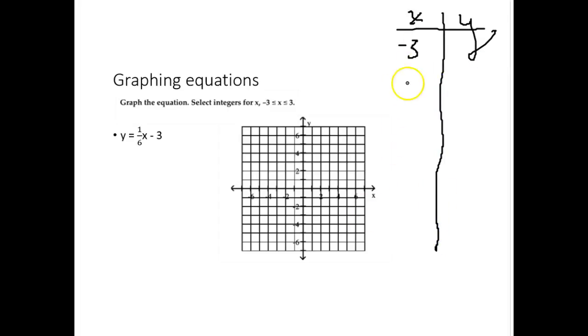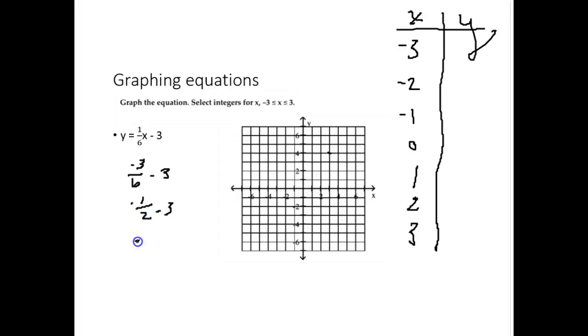So negative 3, negative 2, negative 1, 0, 1, 2, and 3. Oops, I just messed that up. All right, so if I put in a negative 3, 1/6 times negative 3 is negative 3/6, minus 3, which ends up being negative 1/2 minus 3.